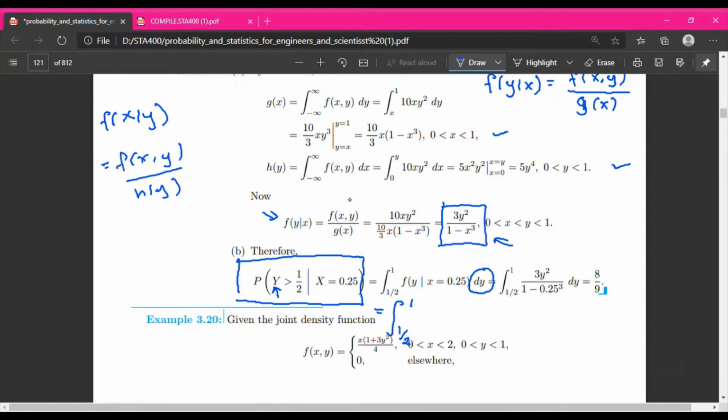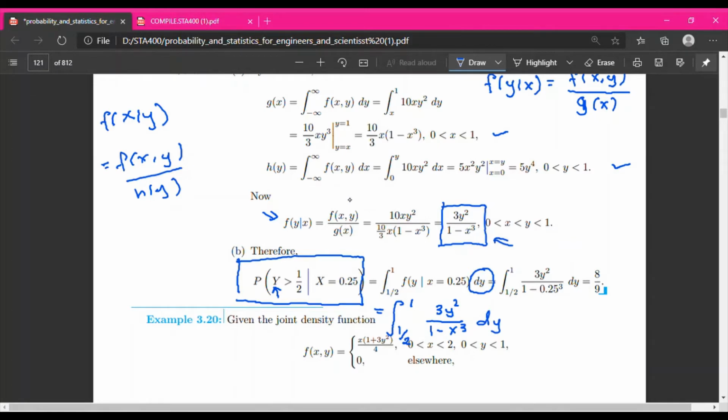The function is 3y squared over (1 minus x) to the power of 3, dy. You integrate this conditional function of y given x with respect to y.